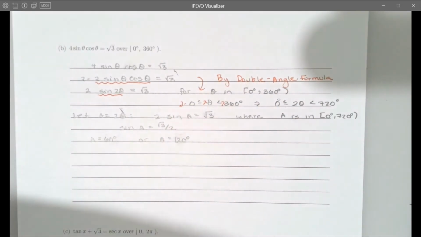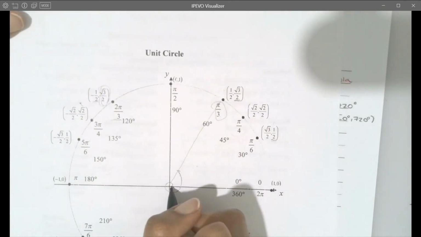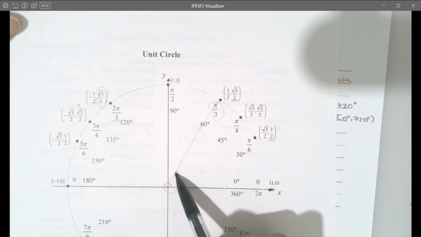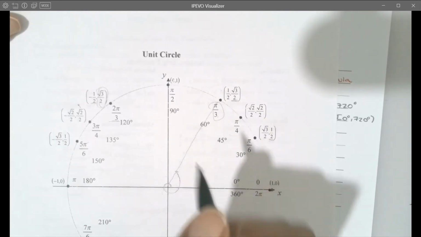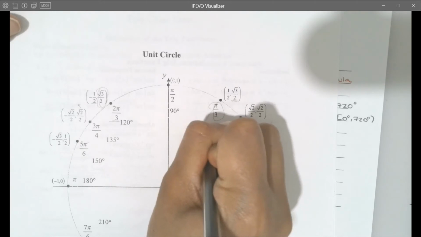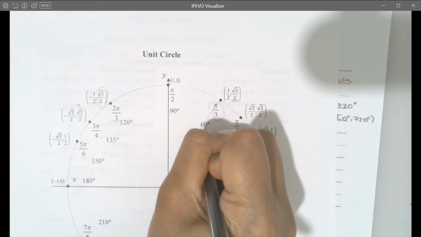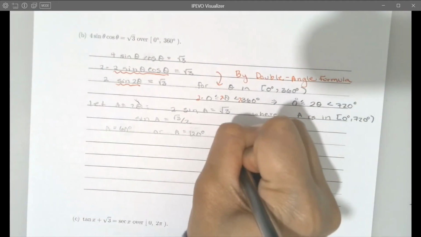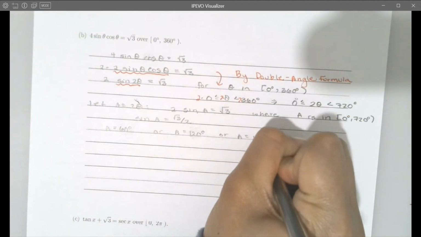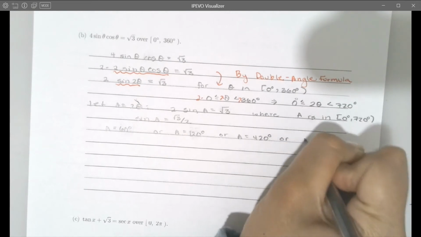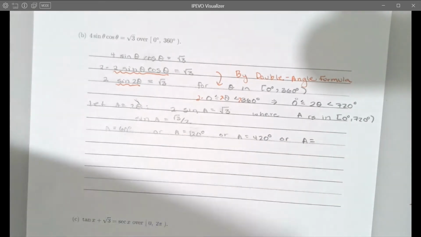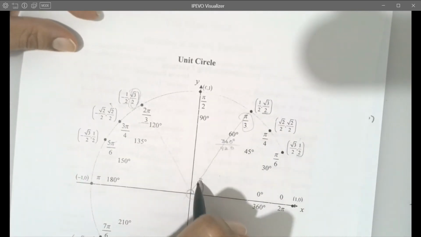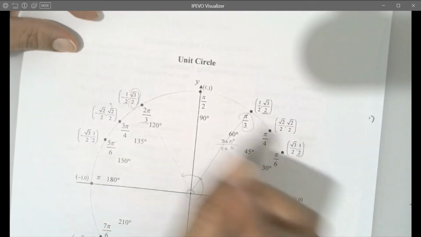So if we take a look at what angle is coterminal to 60 degrees that has already completed one cycle, that would be 360 plus 60, which is going to give us 420. So A can be 420. Or we look at an angle that is coterminal to 120 but has already completed the 360 degrees.